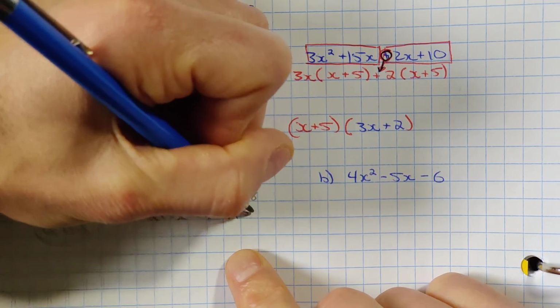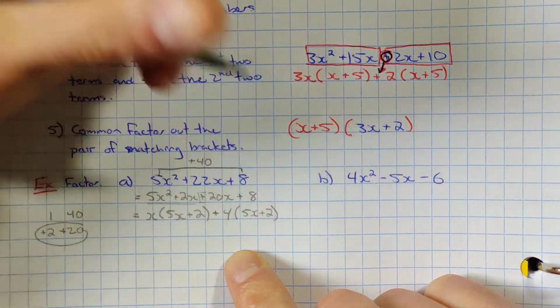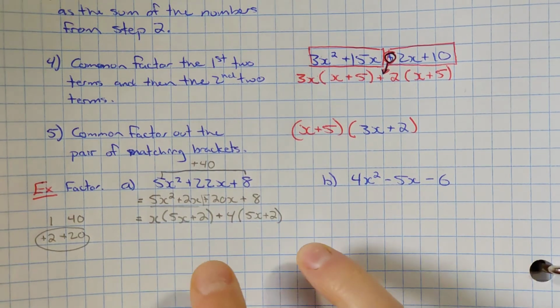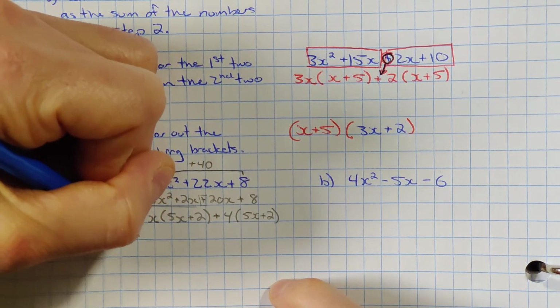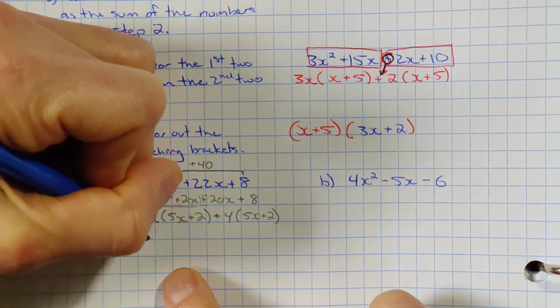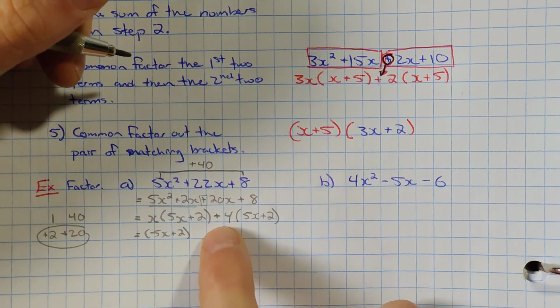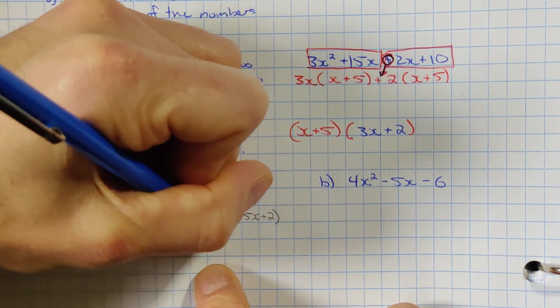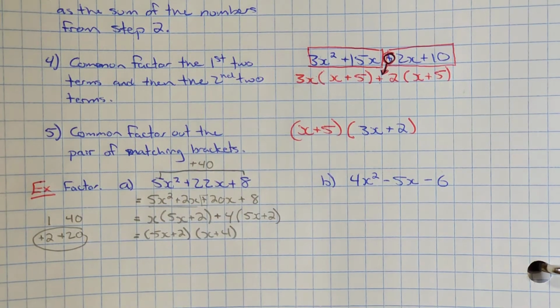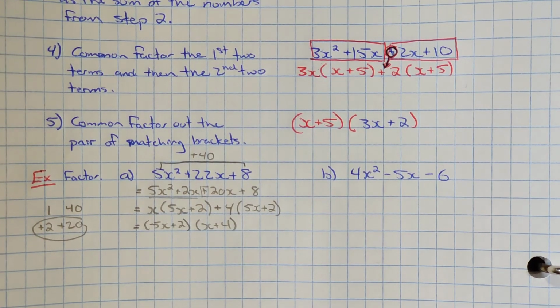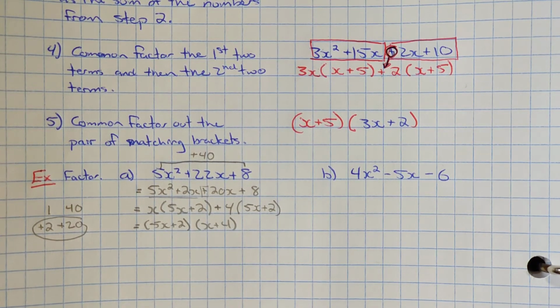And when I divide that out, I get 5x plus 2. I got the same brackets. So that means I'm on the right track. I write out that bracket because I'm factoring it out. And then I'm left with x plus 4 in another bracket. That's it. I've now factored that down to its component parts.